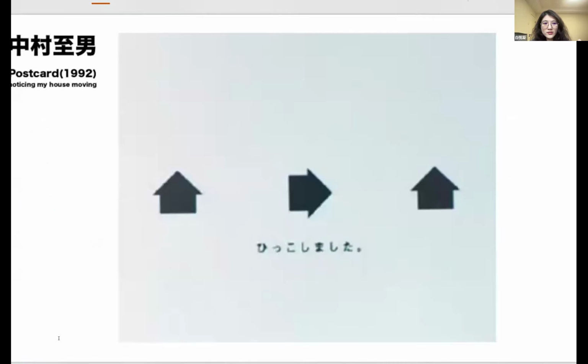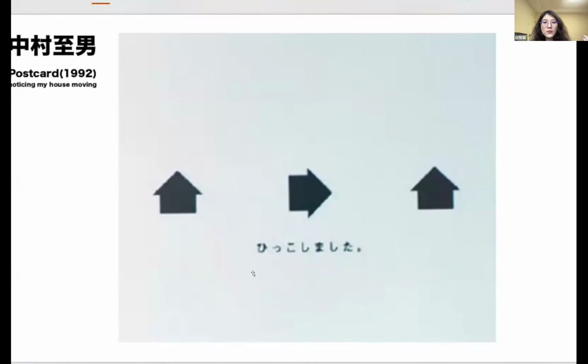So what is the focus? Here is a poster from a Japanese graphic designer. Do you know what the Japanese says? Or you can guess what the poster is telling. This is a Japanese phrase which means I have already finished moving my home, moving complete.